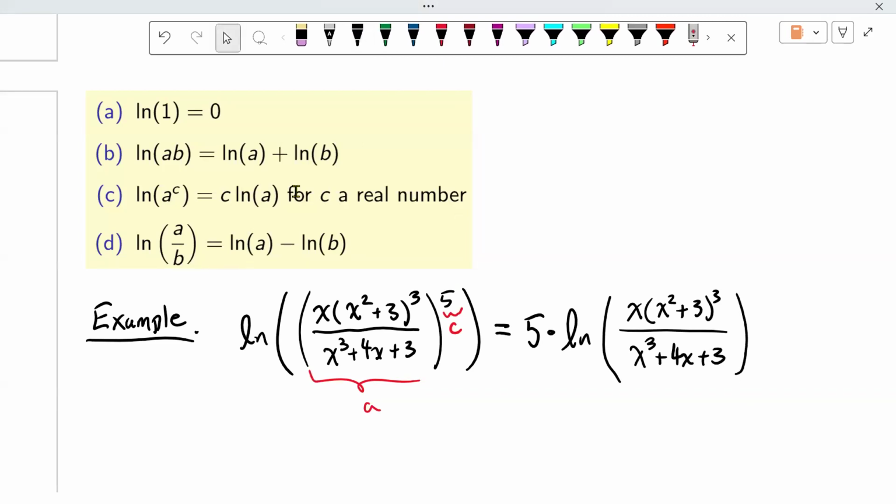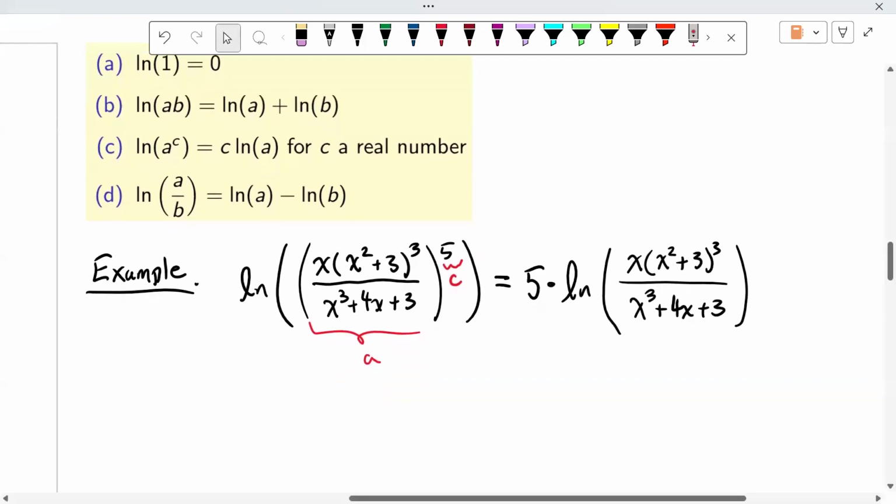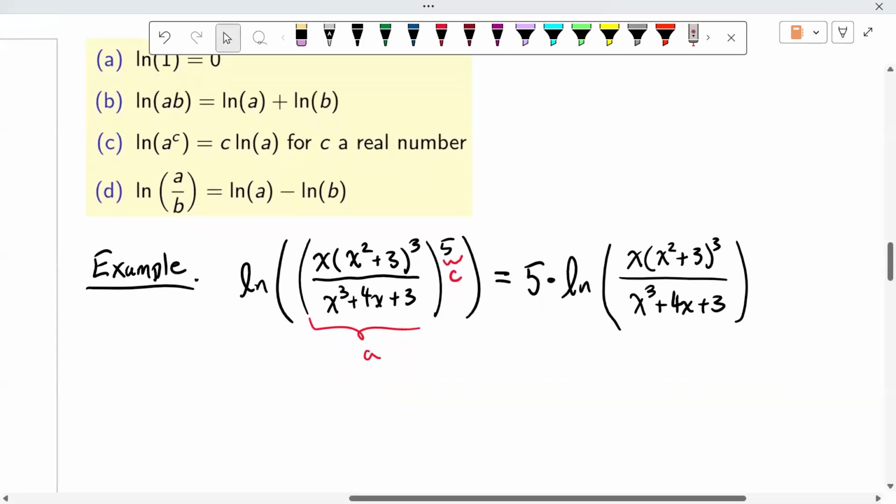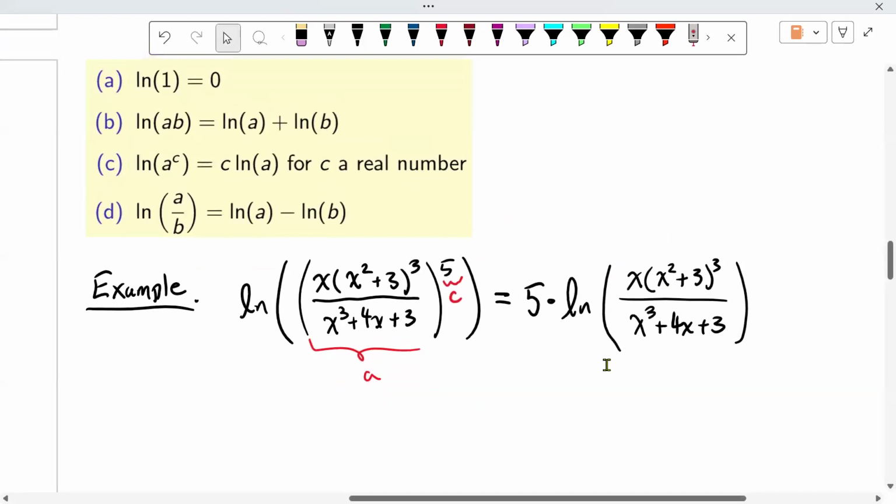All right, what's the next law we could use to change the appearance of this? I'm going to leave the top portion as is because it's not so easy to simplify. But now I have natural log of something else. Yeah, D. I have natural log of a fraction.